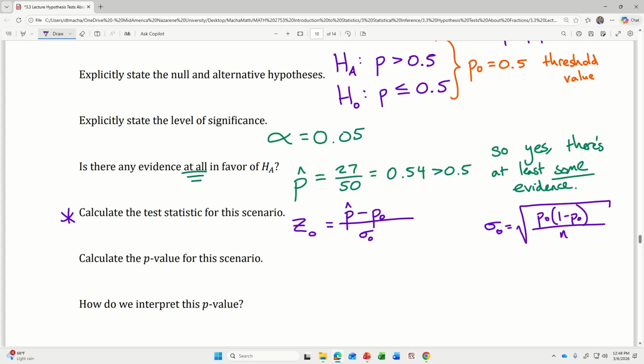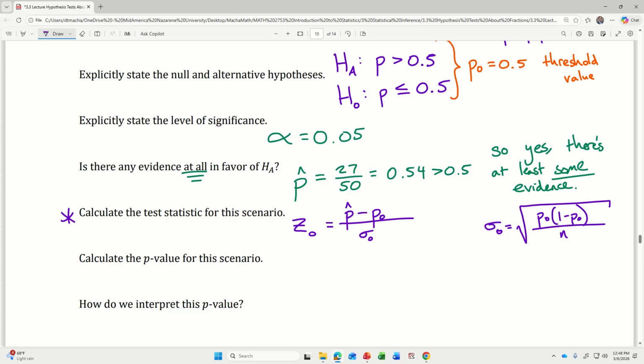Hopefully that looks familiar, because the last time we met, we were talking about how this sample fraction is a distributed random variable. Even though the number of people in this sample who gave up would be a binomial random variable, we can approximate a binomial distribution with a normal distribution.